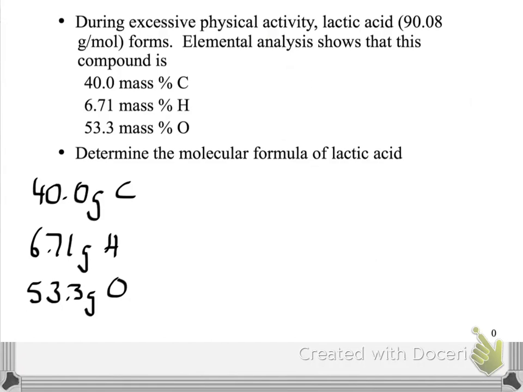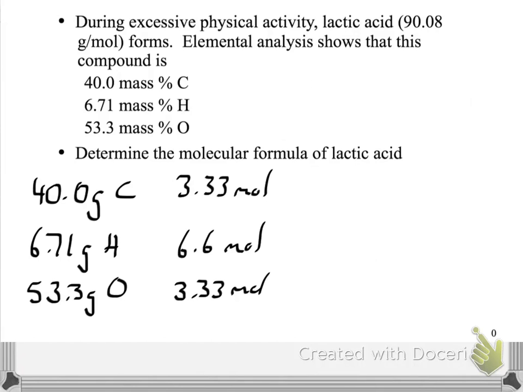That yields 3.33 mole of carbon, 6.6 mole of hydrogen, and 3.33 mole of oxygen. Gives us a ratio, when you divide by the lowest, of 1 to 2 to 1. So our empirical formula is equal to CH2O.